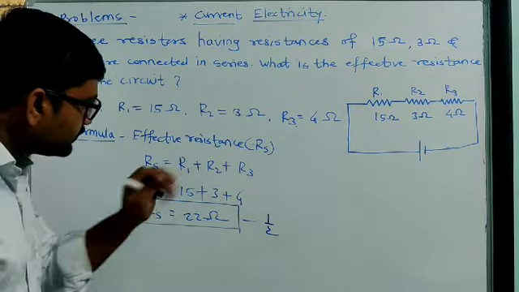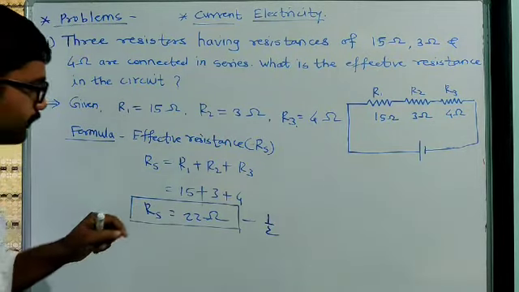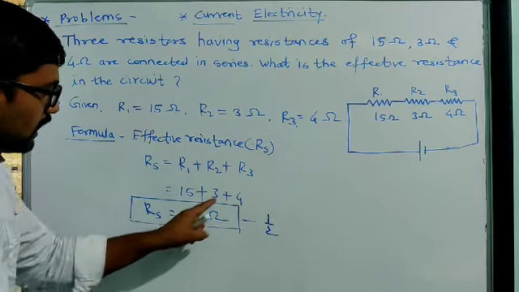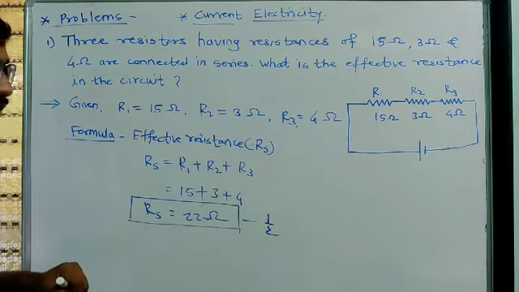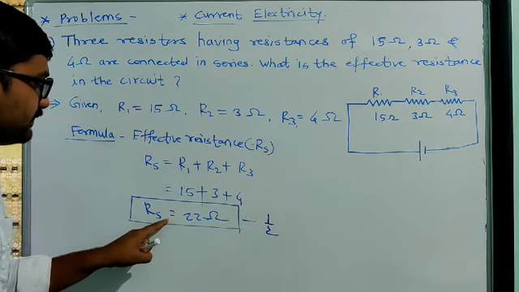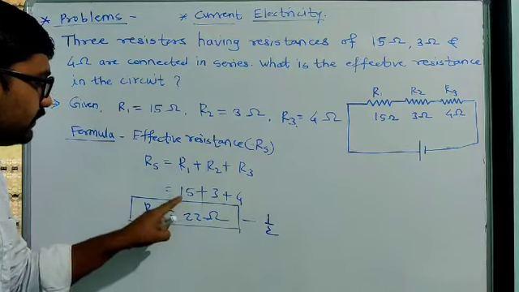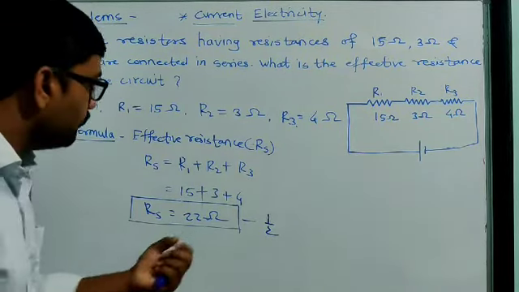So effective resistance will be R1 plus R2 plus R3. R1 is 15 ohm, R2 is 3 ohm, and R3 is 4 ohm. So this Rs, the series equivalent resistance, will be 15 plus 3 is 18, 18 plus 4 is 22 ohm.